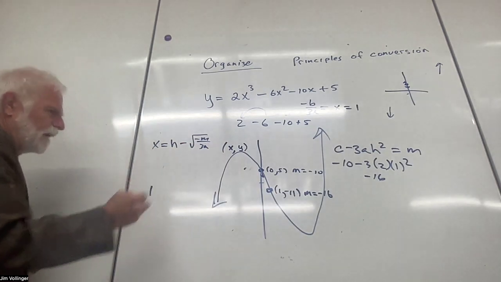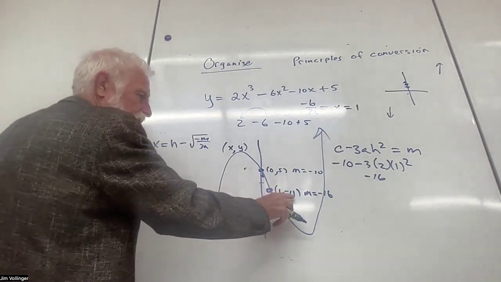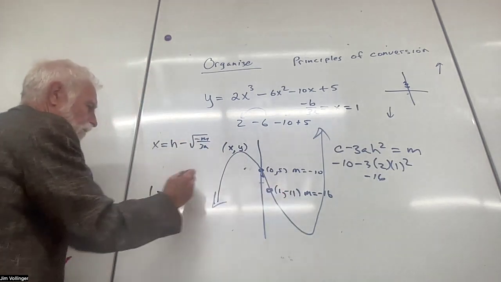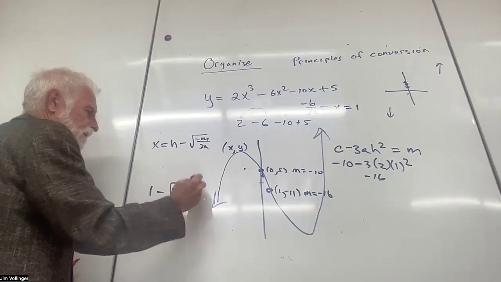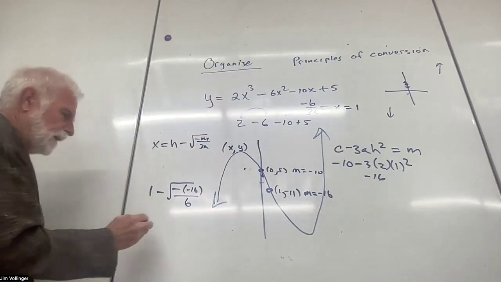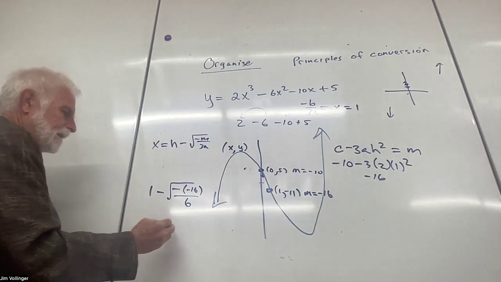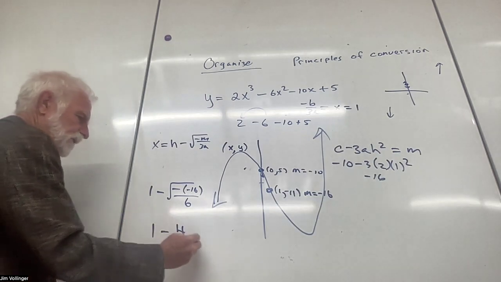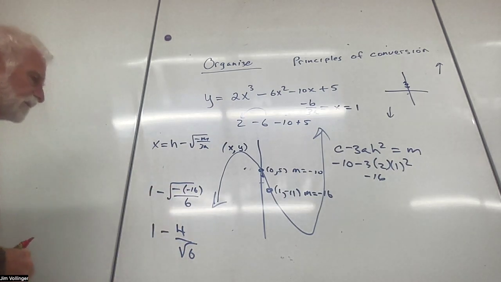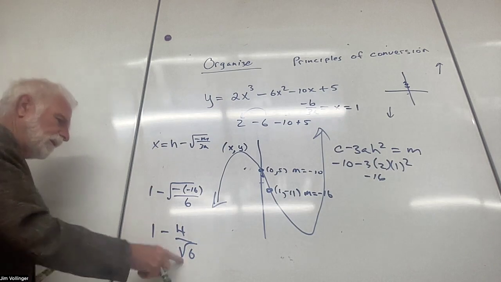And where was it? Minus the square root of minus a minus 16 all over 3 times a, which is 6. 3 times 2 is 6. And so this is 1 minus 4 over root 6. Okay, minus the minus 16, square root of 16, 4, I can write it that way.